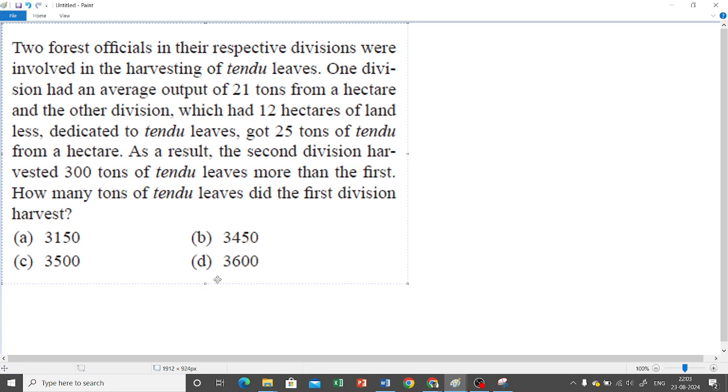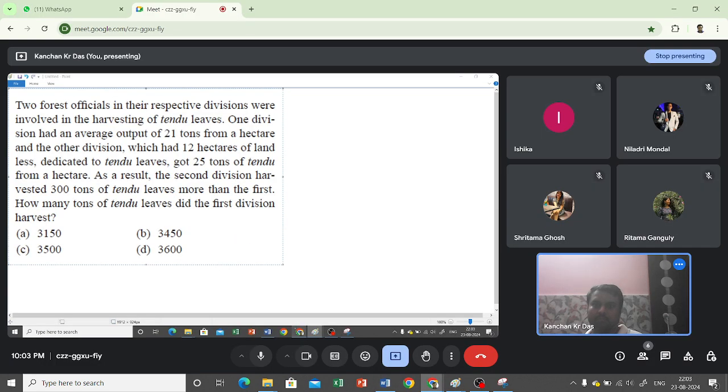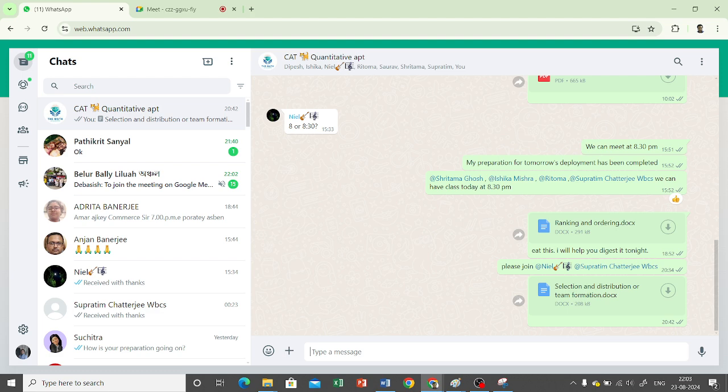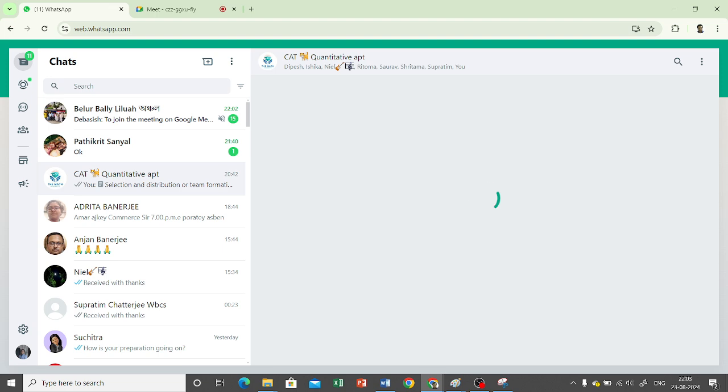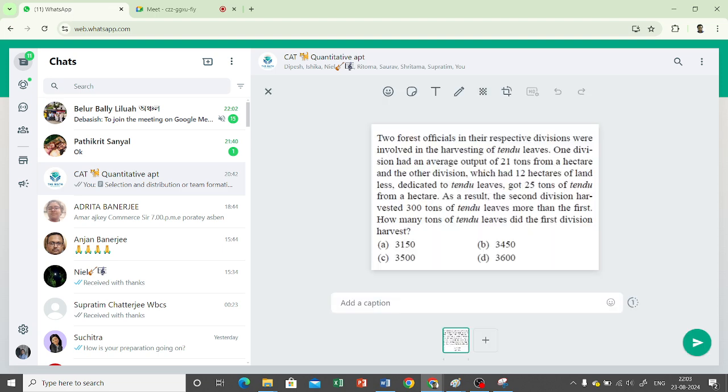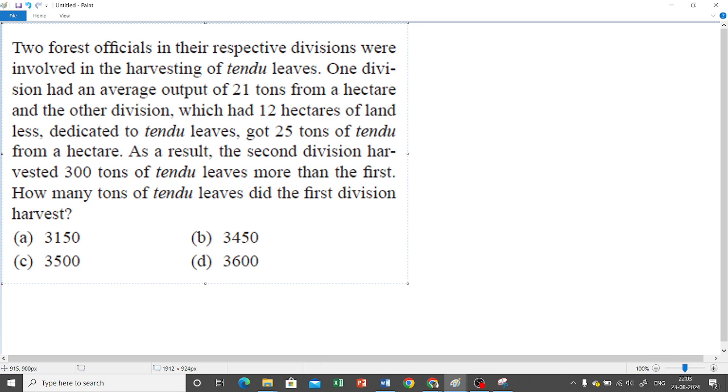It's not a very difficult sum. It looks like this. It is not a difficult sum. Try it out.